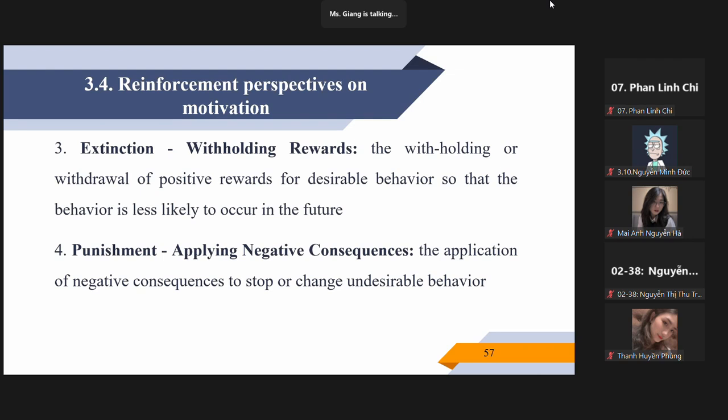So I am withdrawing the reward. The last one, punishment, applying negative consequences. In this case, I will apply negative consequences to stop or change the undesirable behavior. For example, if you go to class late, I will punish you. I will give you the bad mark.